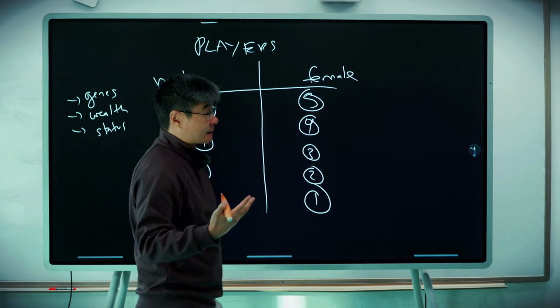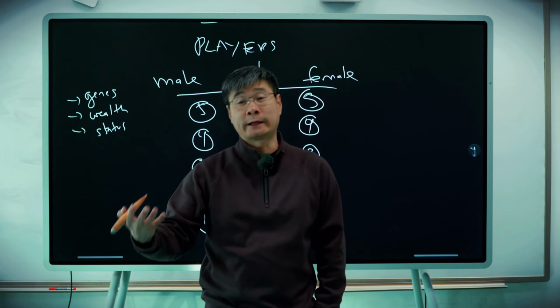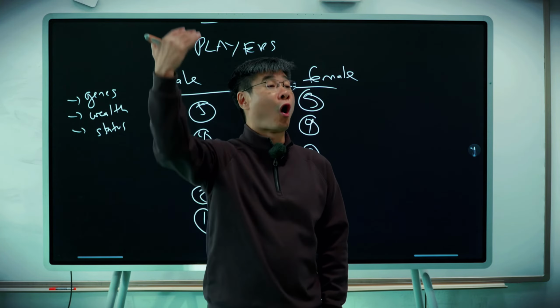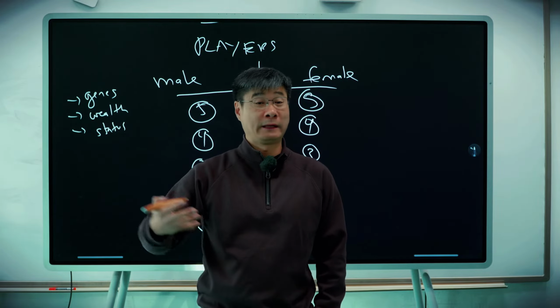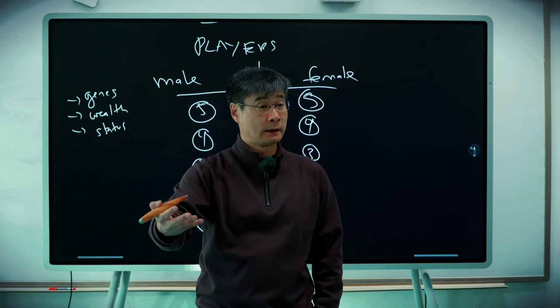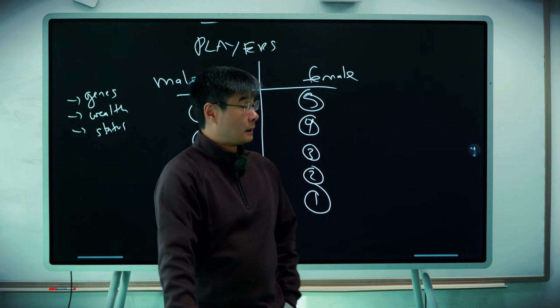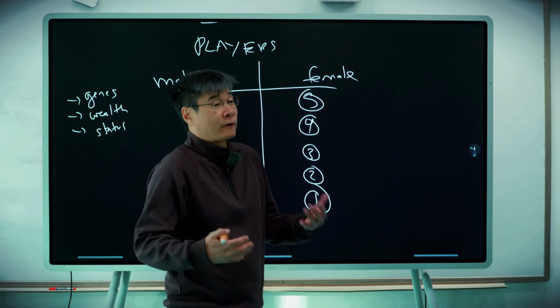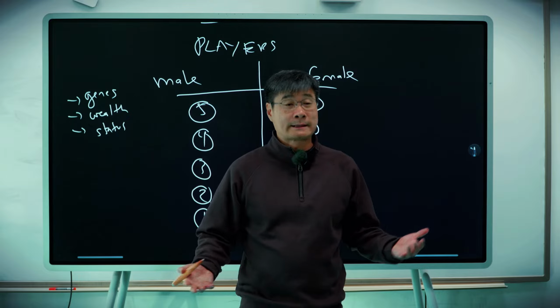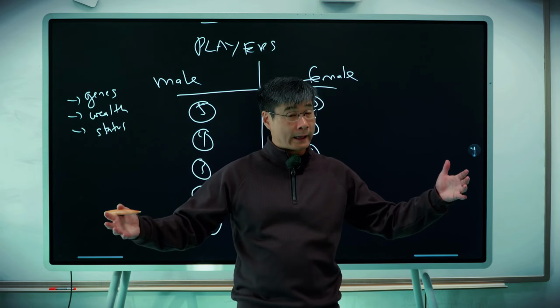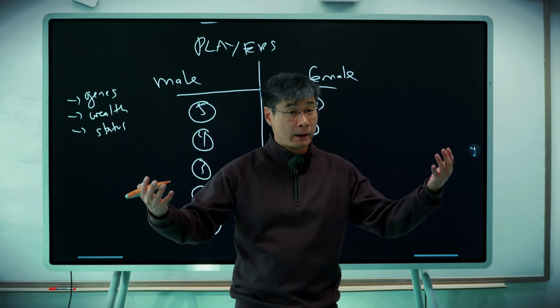Okay, so genes is very simple. It means that you're good looking. It means you're tall. It means you're healthy. You will live a long time, okay? Genes is pretty simple to understand. Wealth just means that you or your family have a lot of money. Status means that you have a lot of friends. You have a high status job.